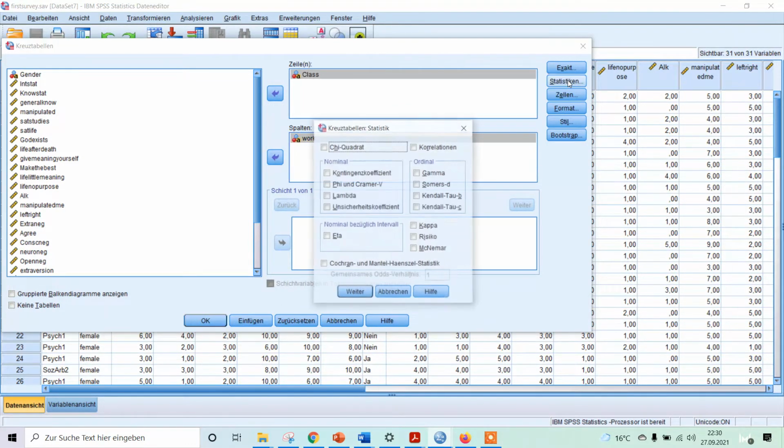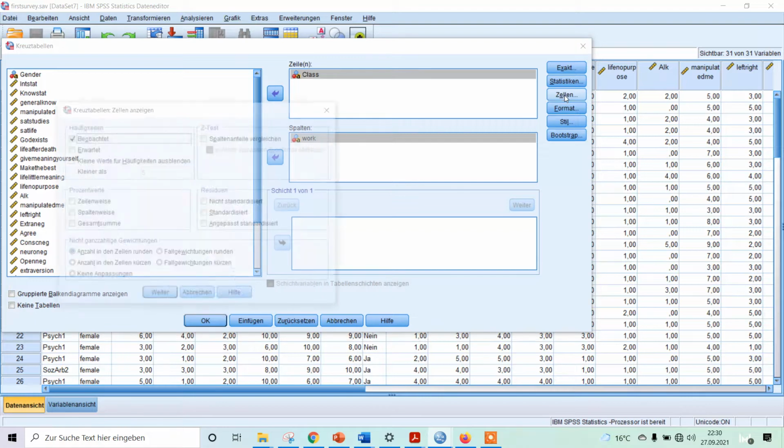Okay, let's go through here. Under statistics we have the chi-square test that we need to apply, and we can also click on phi and Cramer's V. That will give us an idea how strong the relationship between the two variables is. And I think that is all. We don't need more. So click on continue.